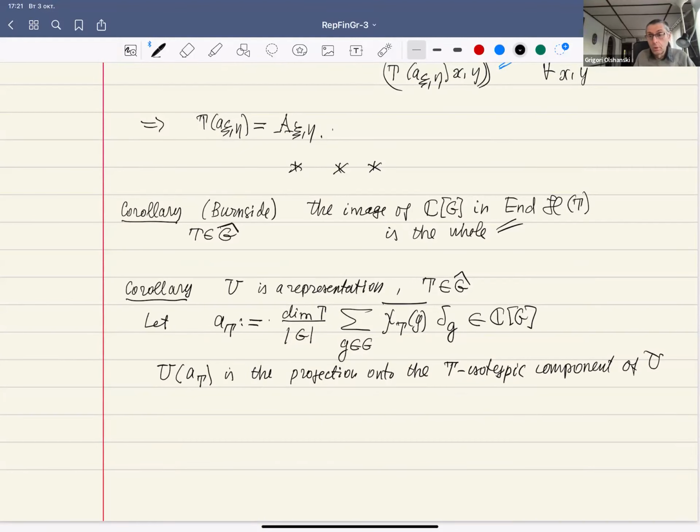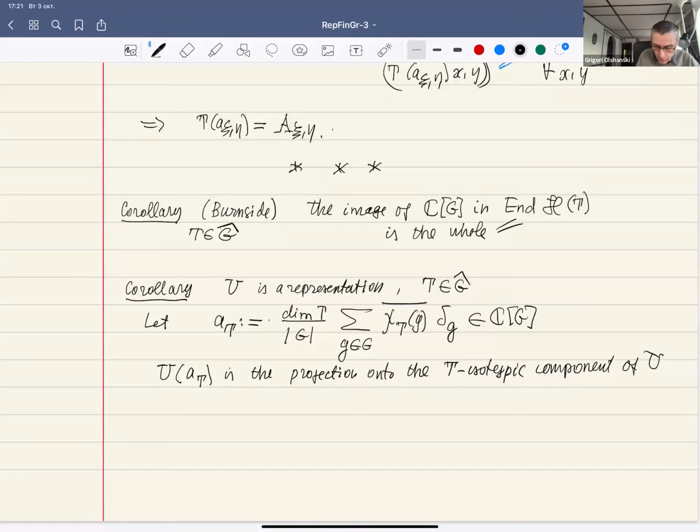And now, using the considerations that I tried to explain, we can build some elements of a group algebra with idempotence. Idempotence in the sense that they are self-adjoint.